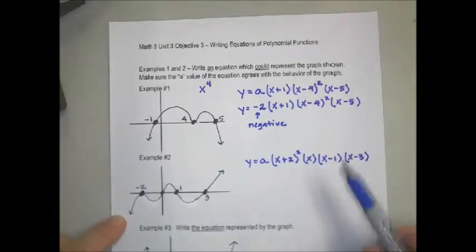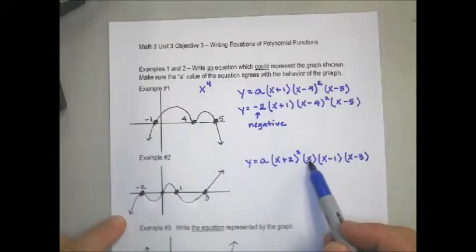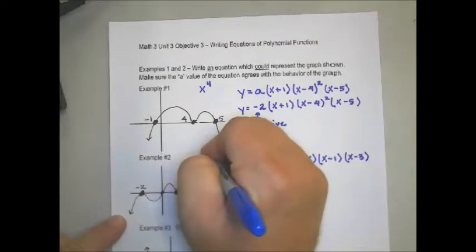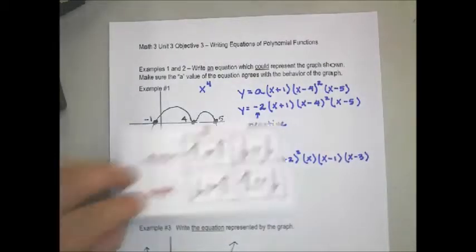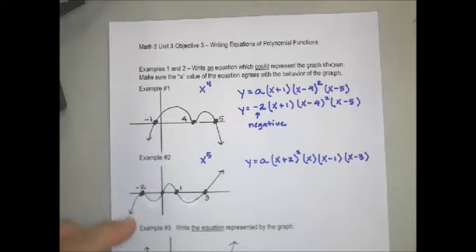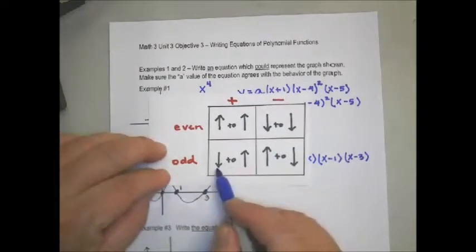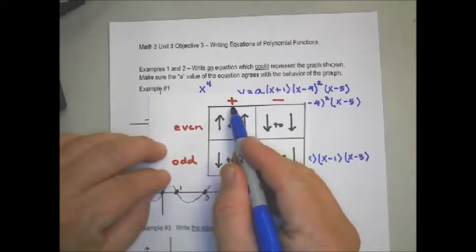So let's just take a quick look at the leading term: x squared times another x, x to the 3rd, times another x, x to the 4th, times another x would be x to the 5th. So this would be a 5th degree polynomial. So that's odd. And in order for it to go low to high, which is the end behavior, odd, low to high means the leading coefficient had to have been a positive number.